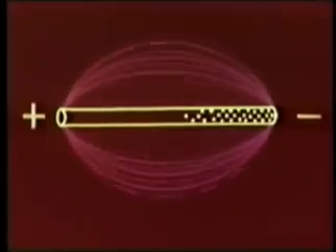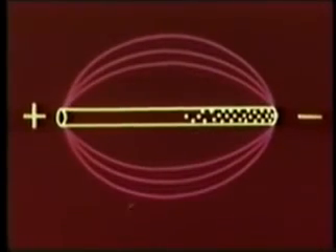This changing polarity produces an electric field in phase with it. When the voltage is of this polarity, the field is in this direction. When the polarity reverses, the field builds to a maximum in the opposite direction. This is known as the E field.